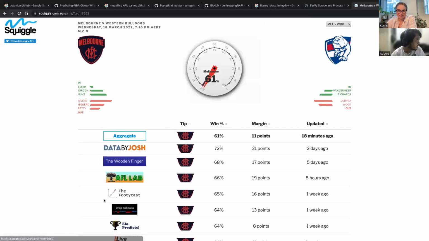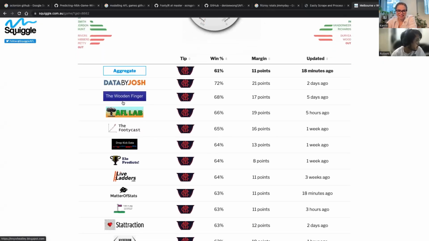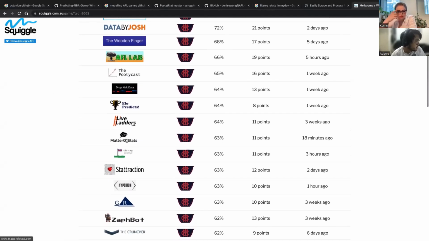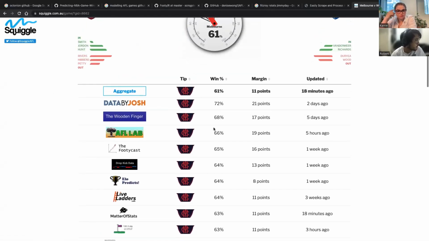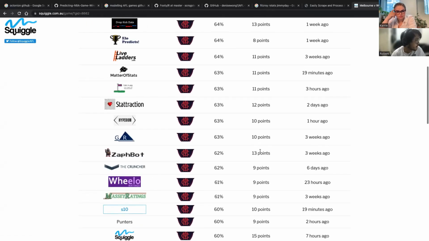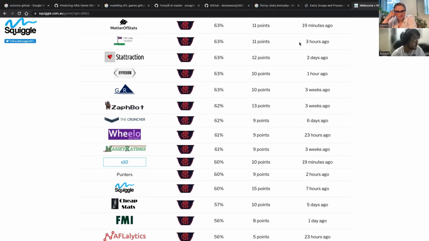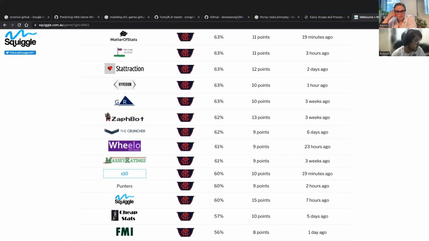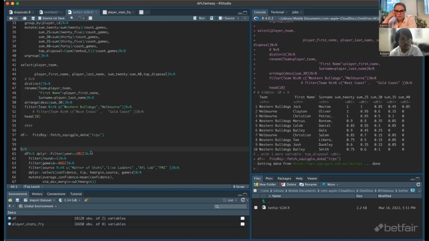And here it has a whole bunch of different websites, and they've given a winning percentage, a margin, and tell you when it's been updated, that sort of thing. It's pretty cool. So then you might hop onto Squiggle and think, hey, I want to see what the tip for today is.